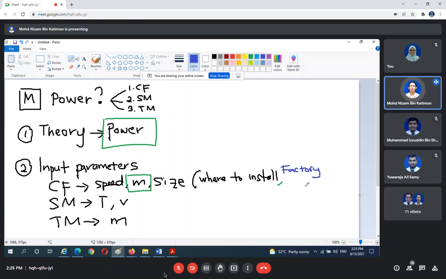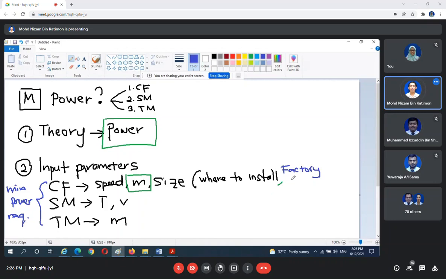From that, you can determine the length. From the length, you can know the mass. From that, you can determine the speed required you want to set. From the theory, you get the minimum power required from the calculation.